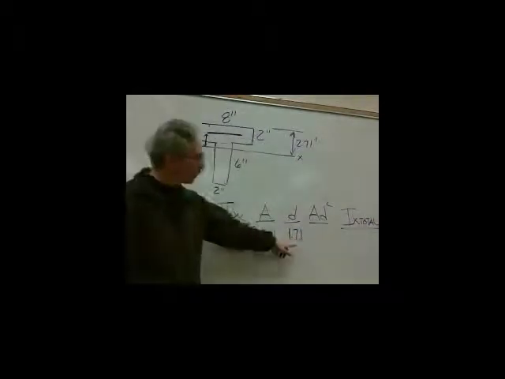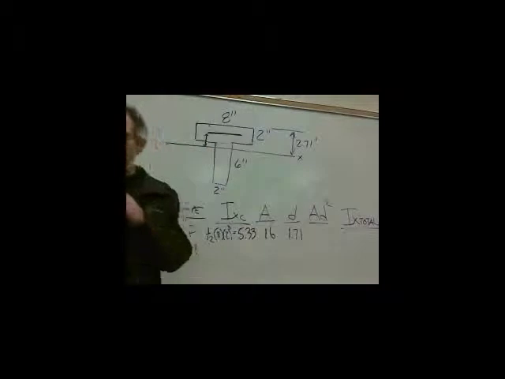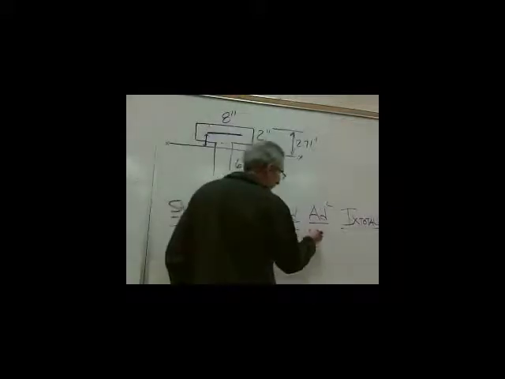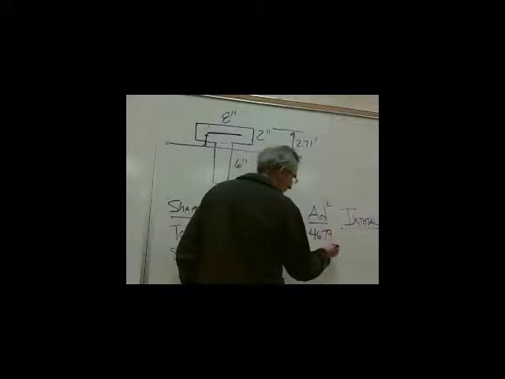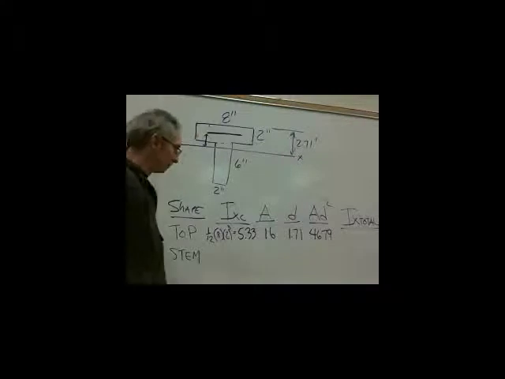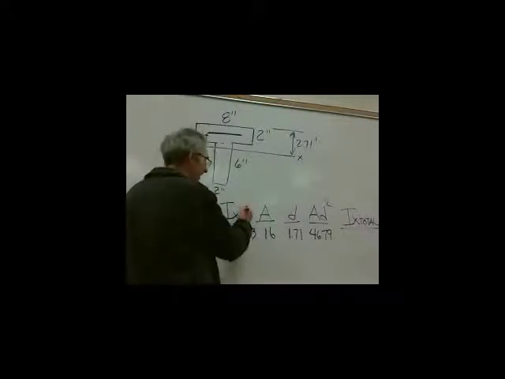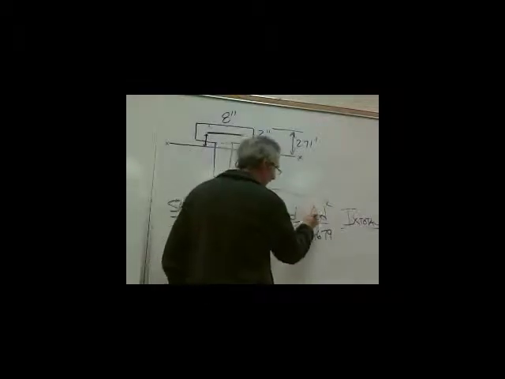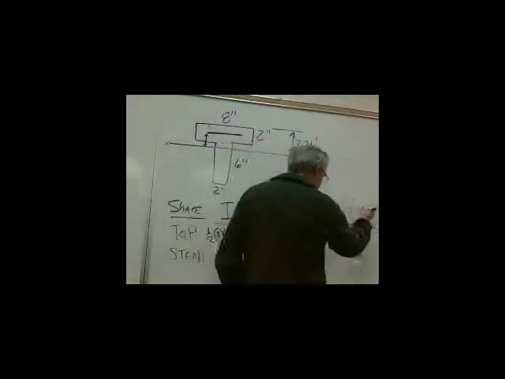I'm going to take that 1.71, I'm going to square it, and I'm going to multiply it by the area, which is 16 square inches, and I'm going to come up with 46.79. Again, if you're doing units, that'd be inches to the fourth. I'm then going to take this IXC value, I'm going to add it to the AD squared value to get IX total.